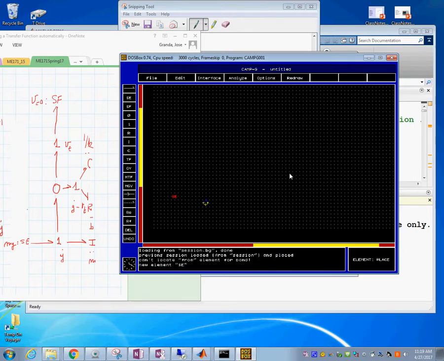This is 1 here, and then we have the I element. No, I think I messed it up, because we need a 1, not an I. So let's go. Okay, very good. Now we need the I element.